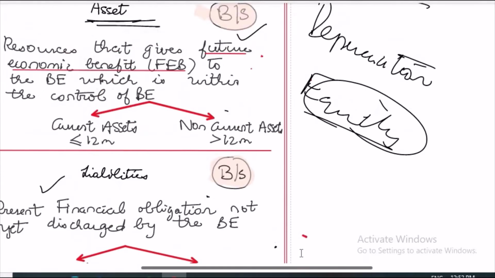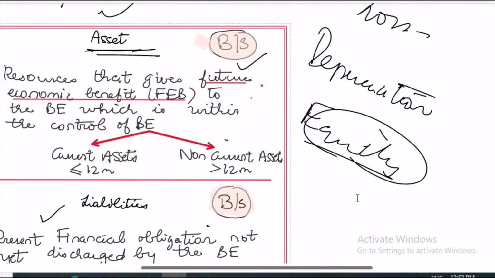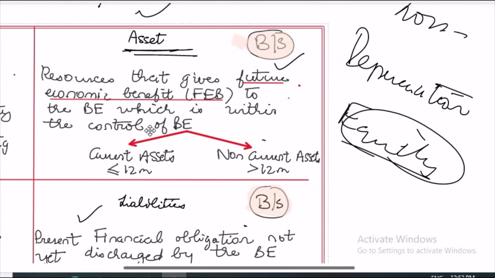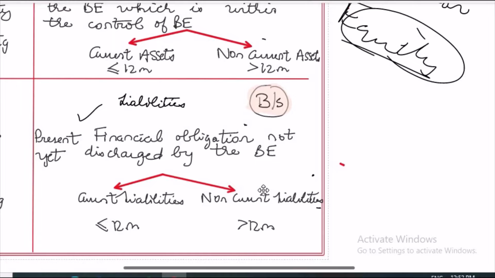Assets give future economic benefits, FEB, to the business. A current asset is 12 months or less than 12 months, that is, one year. A non-current asset is more than 12 months.